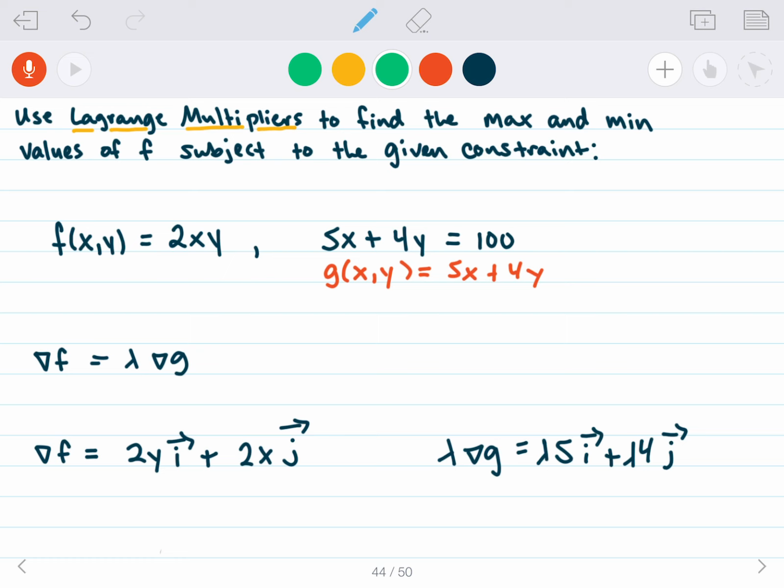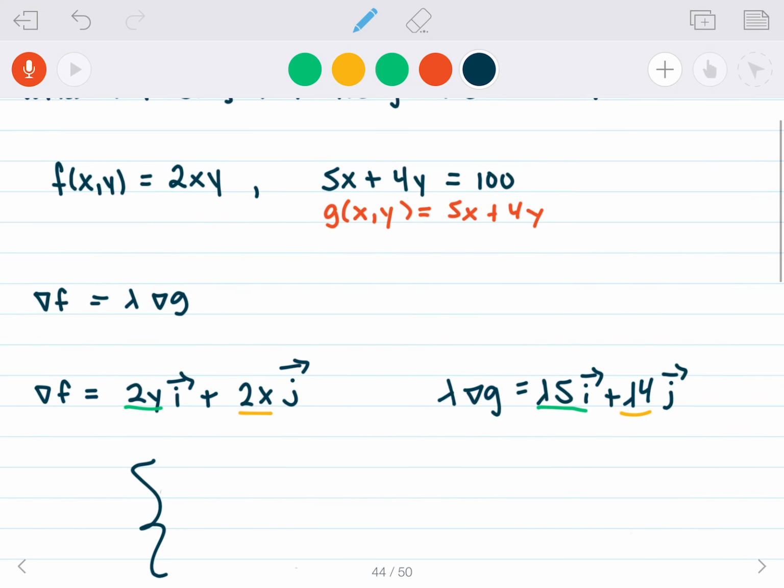Okay, so now we set our components equal to each other to get our equations. All right, so the first one we have 2y is equal to lambda 5. Second one we have 2x is equal to lambda 4.